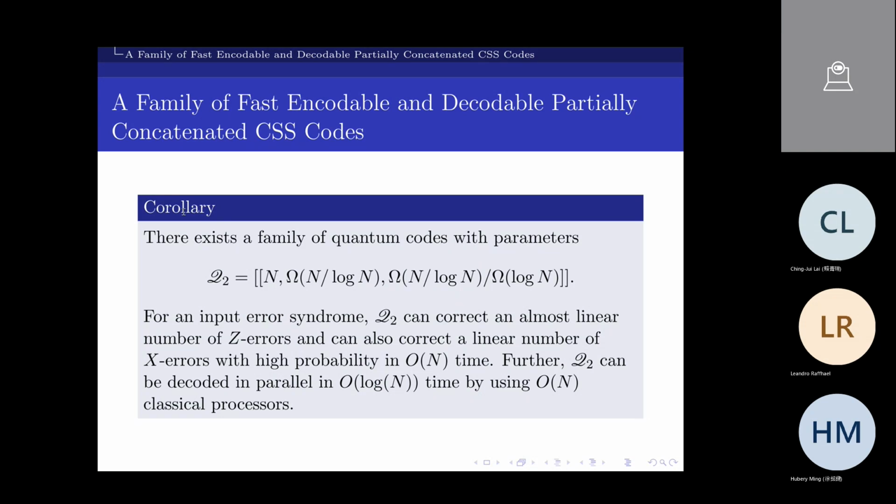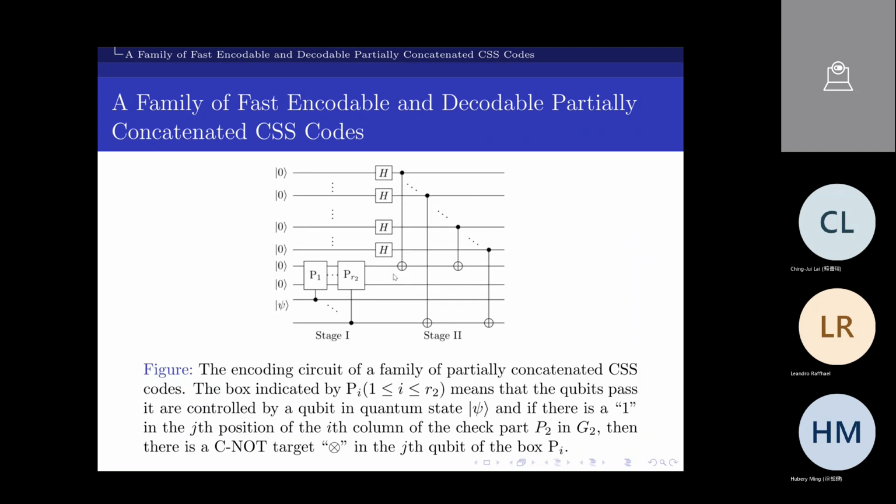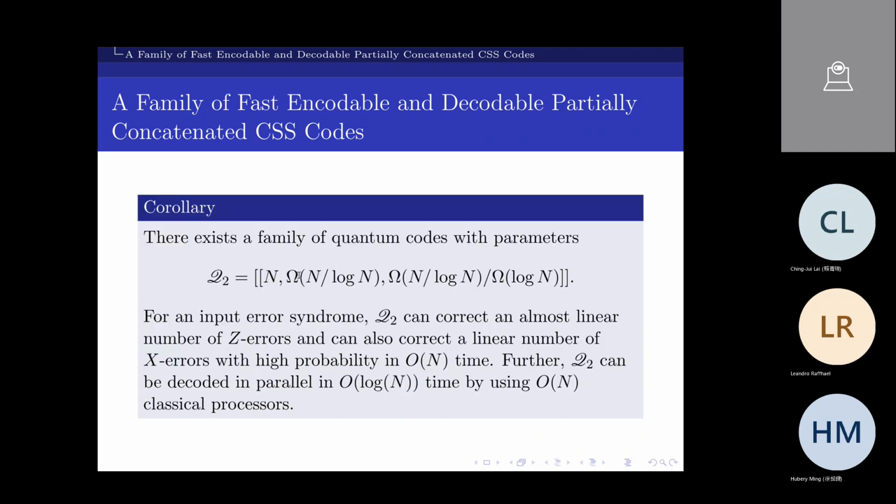Here is another corollary, and there exists a family of quantum codes with the following parameters. We can see that the dimension is almost linear, and also the minimum distance, for example the Z distance, is also almost linear.